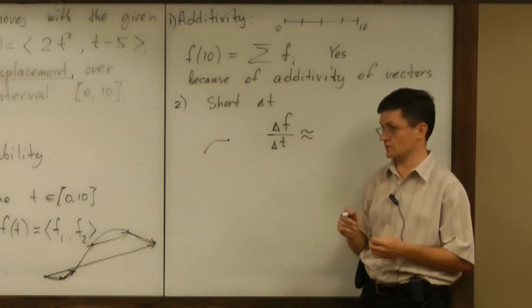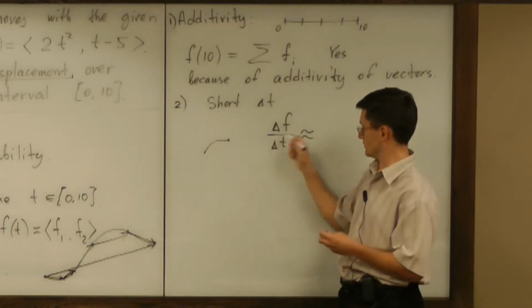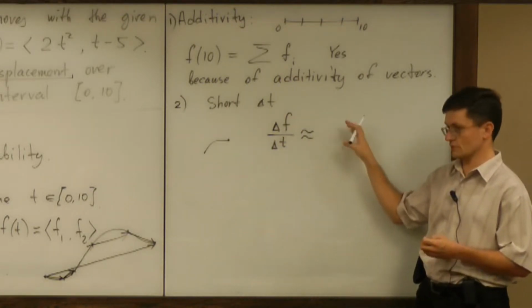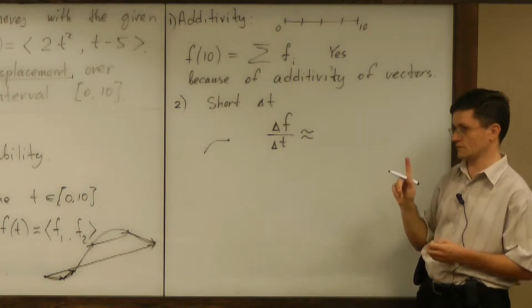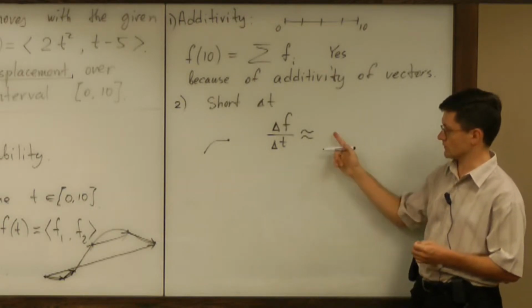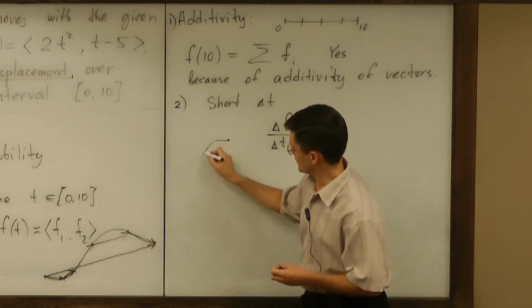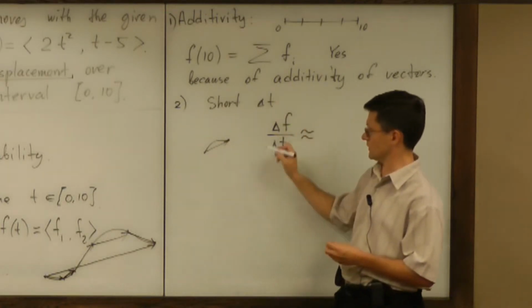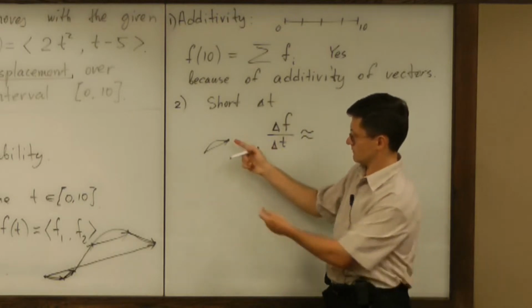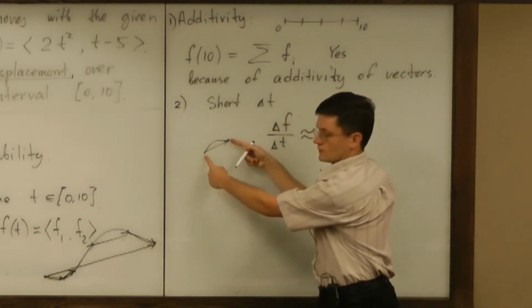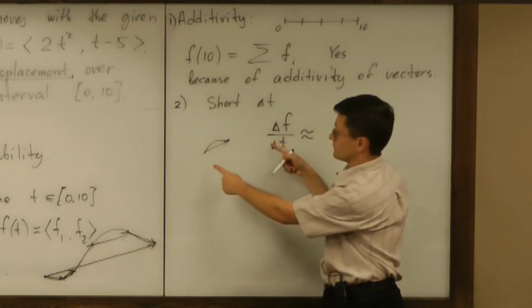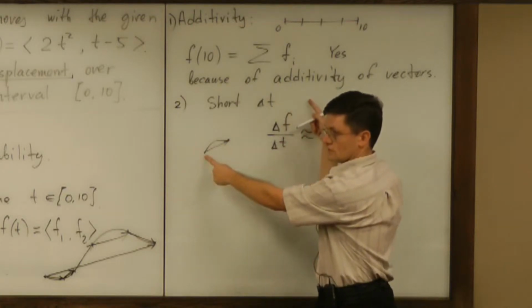What is it that it is approximately equal to? We'll be getting a vector. So it is approximately equal to a vector. Just one vector, a constant vector. What kind of vector is that? We take this displacement, divide by a number, and it becomes longer or shorter. If I divide by a small number, it becomes longer.